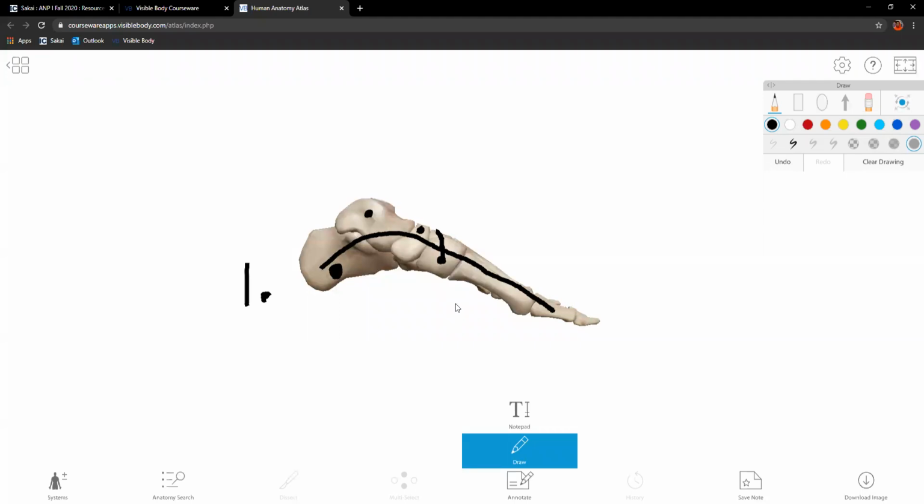And then your metatarsals 1 through 3. And again, here we can only see metatarsal number 1. But this right here is your medial longitudinal arch. All right, I'm going to pause again, get a different angle, and we'll come back.